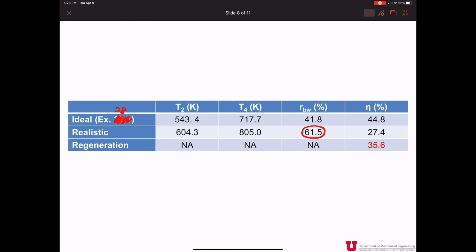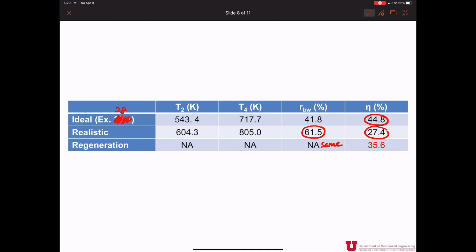And as a result of these realistic features, the thermal efficiency drops from 44.8% to 27.4%. So more than 70% of the energy you get by burning the fuel is being wasted without using it. So that is a big loss. But what happens if you have a regenerator? By having a regenerator, the back-work ratio wouldn't change, so basically it should be the same.